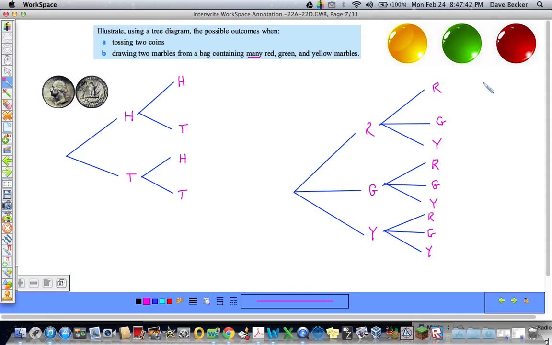The possibilities are red, red; red, green; red, yellow, in that order. We could also get green, red; green, green; green, yellow. And yellow, red; yellow, green; or yellow, yellow.